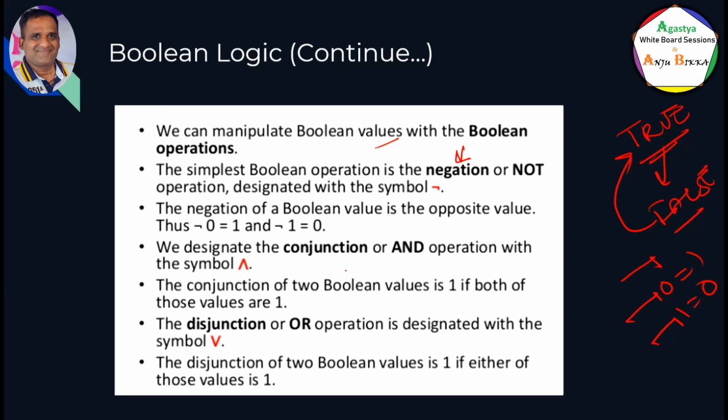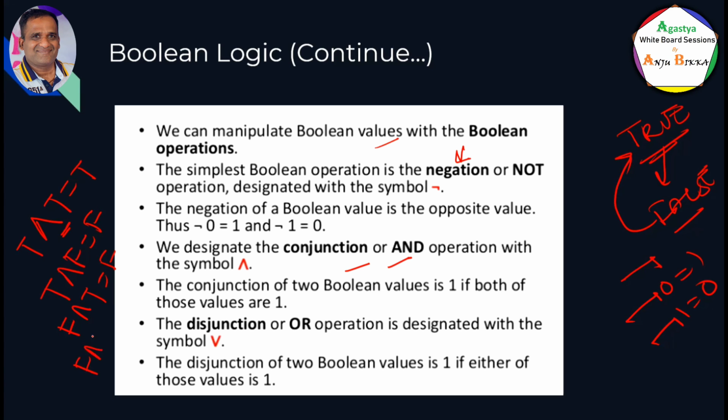And again, we can use conjunction. When you use conjunction here to manipulate two Booleans, if it is true and true, it becomes true. Then true and false becomes false. Then false and true becomes false.